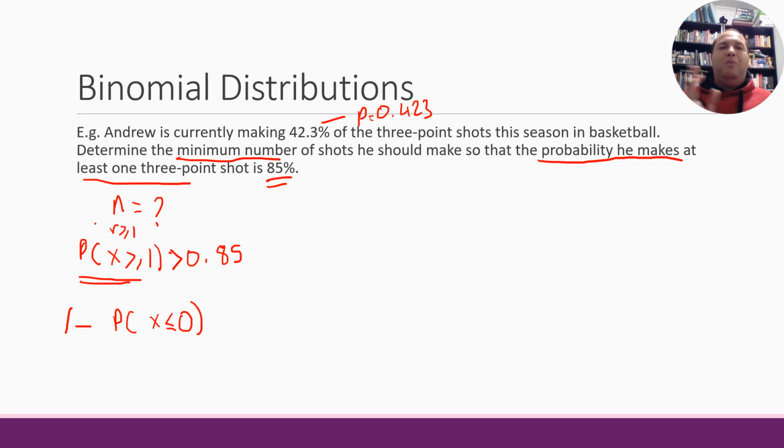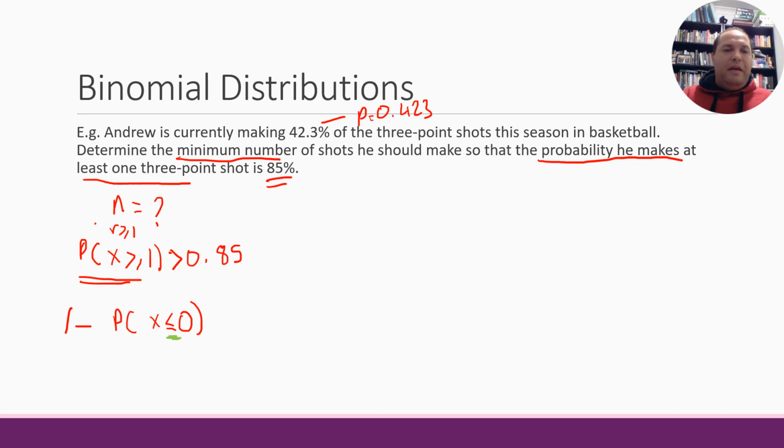So if I'm starting off with 100% and I want to work out all the numbers that are 1 or bigger, I'll start off with 100% and just take away the probability of getting 0. So using our complements there. And what that does is it flips our sign around, which will let us use our calculator for this.